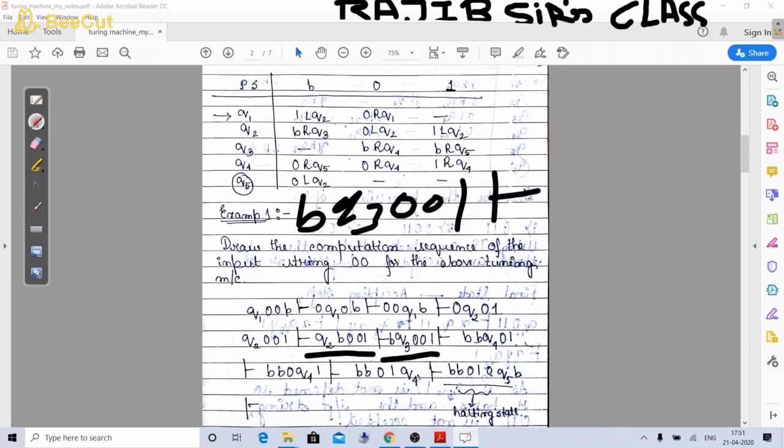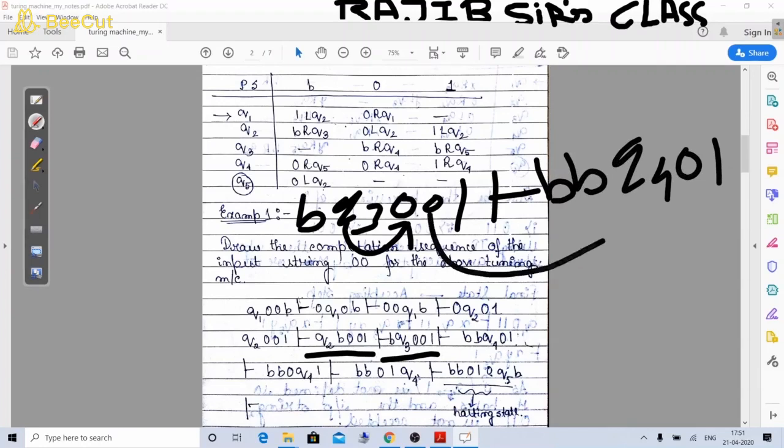Now 0 over q3, and 0 will be replaced by blank and movement towards the right. Movement towards the right means after this 0, but the 0 is changed to blank, so it becomes blank blank q4, and the 0 and 1 remain as they are. Okay, clear? So this step is done.